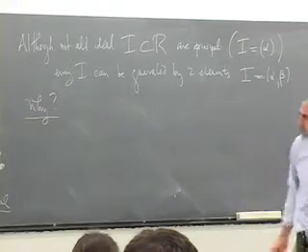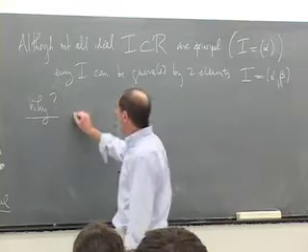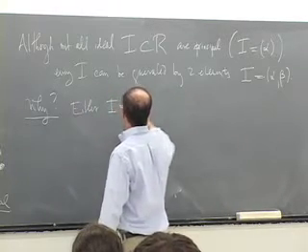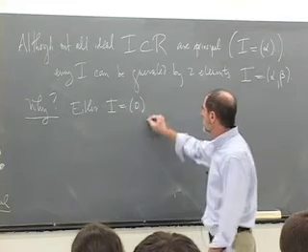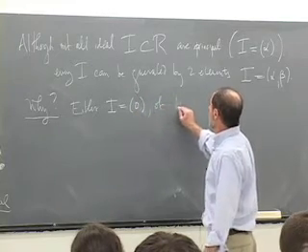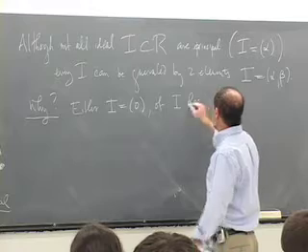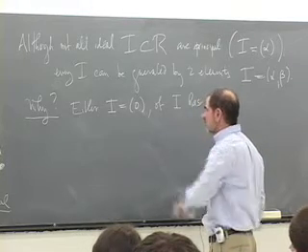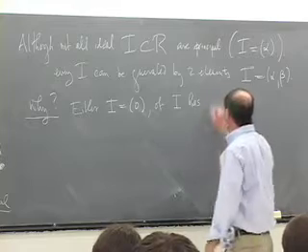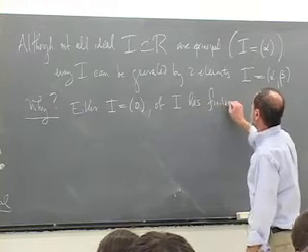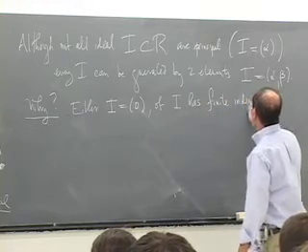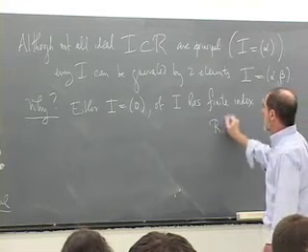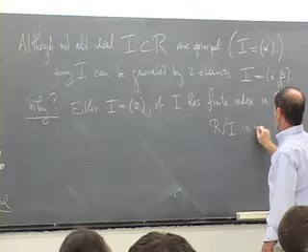Well, the first claim is either I is equal to 0, in which case it's generated by 1 element, or I has finite index in the ring R. In other words, R mod I is a finite ring.